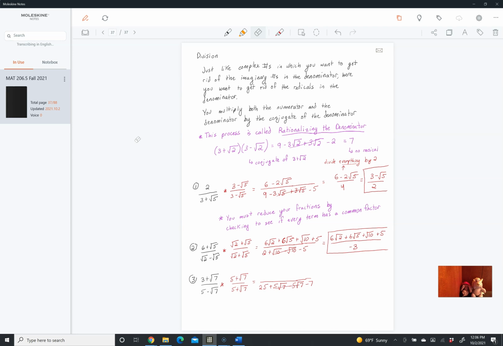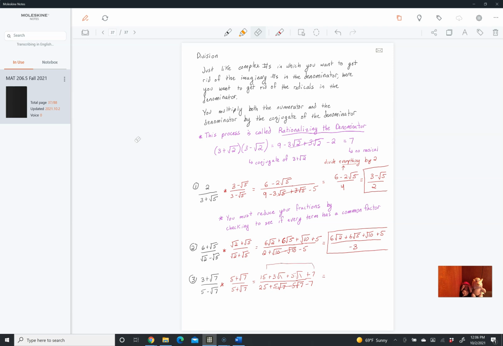Then on top we have 15 plus 3 times the square root of 7 plus 5 times the square root of 7. And then plus 7. So on the top we combine like terms. So 15 and 7 can be combined.